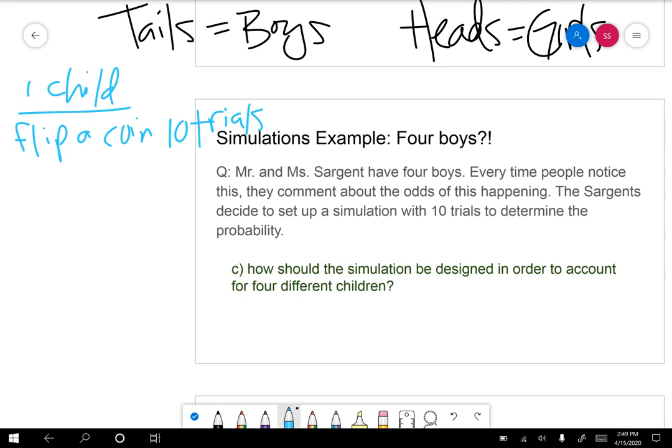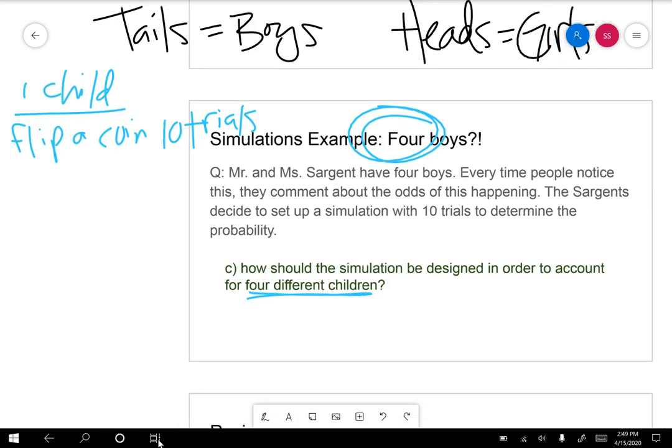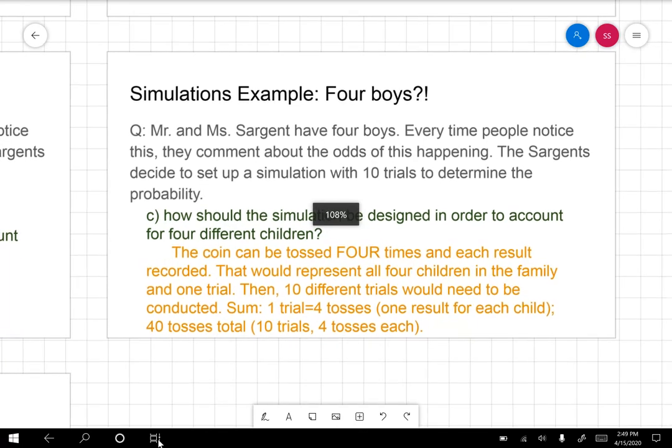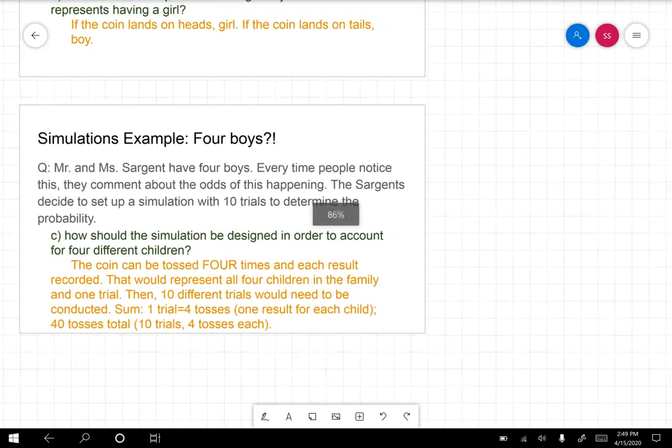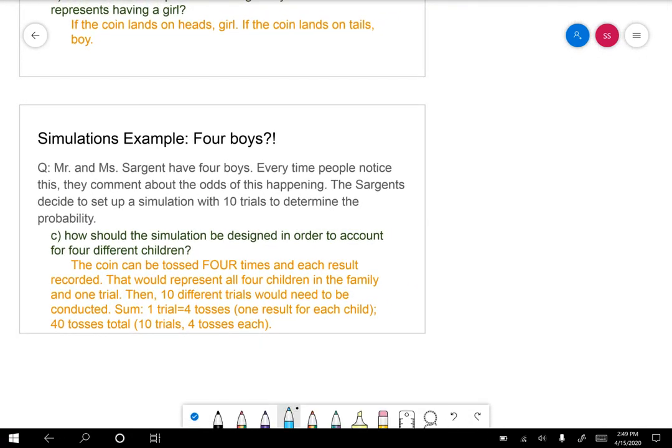However, in this case, we have 4 different kids. So we have to design it so that we get outcomes for each child. So how to do that? Good question. I know it's kind of a lot to read, so I'm going to walk through it for you.